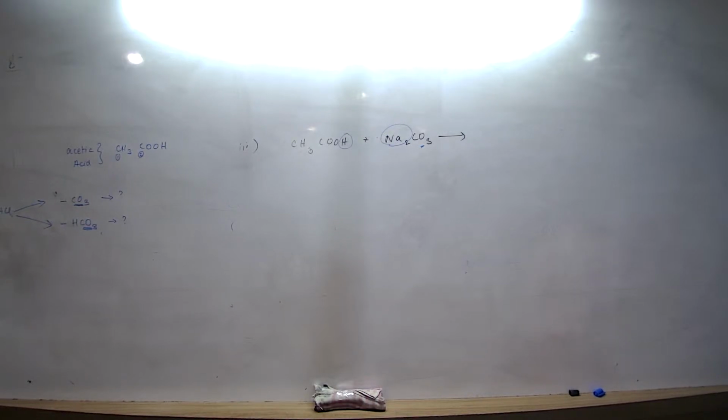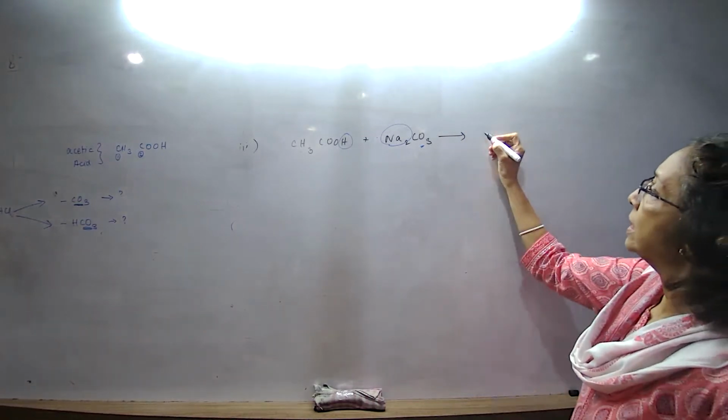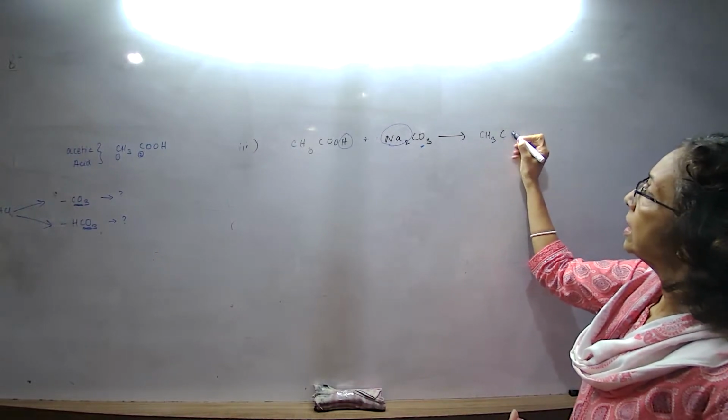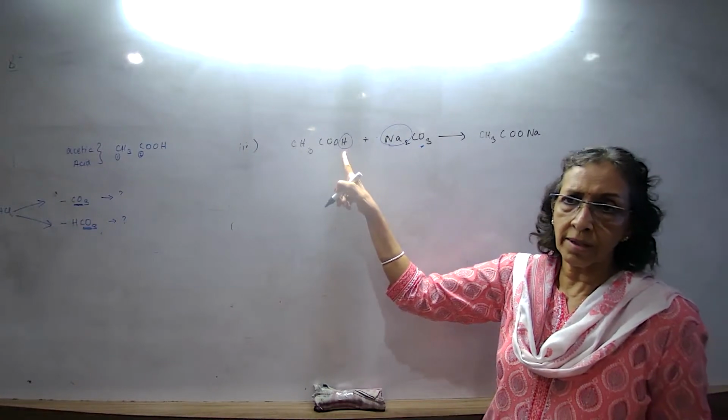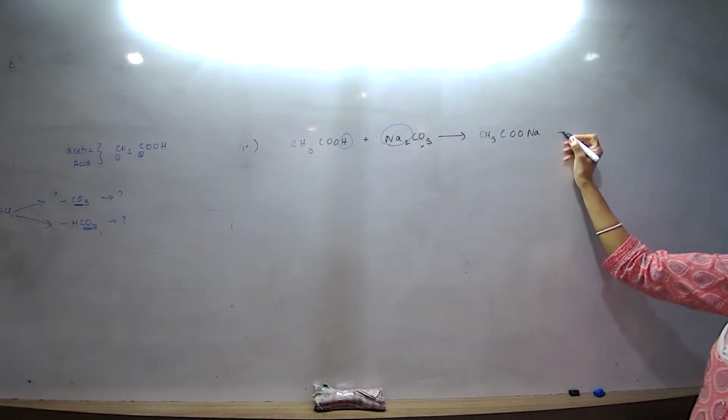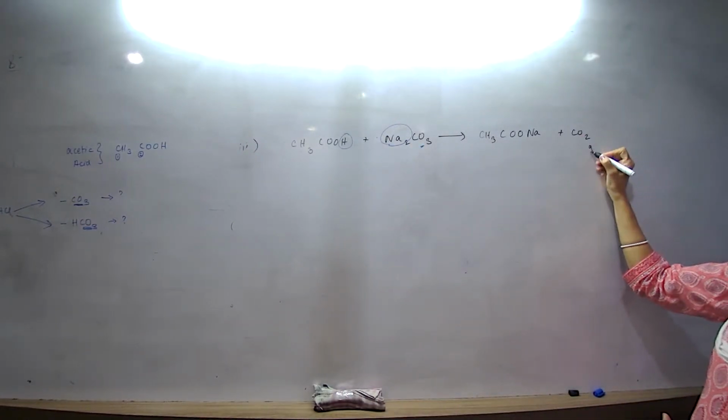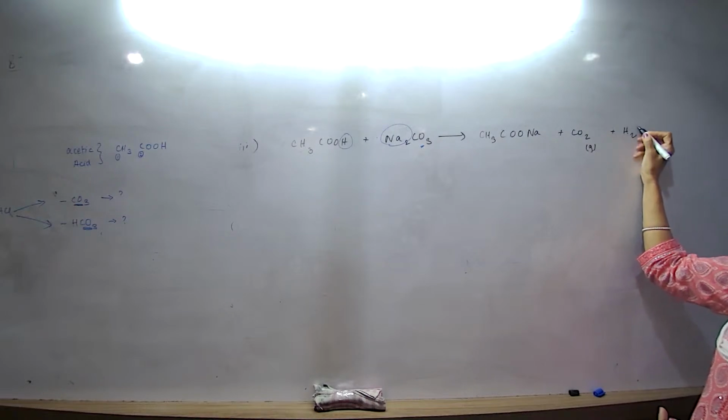Reaction of acetic acid with carbonate and or hydrogen carbonate. So what will we get here? You will have CH3COONa. That means one hydrogen is released from here, right? And we have got carbon dioxide. Of course, this is a gas, and then you are having H2O.